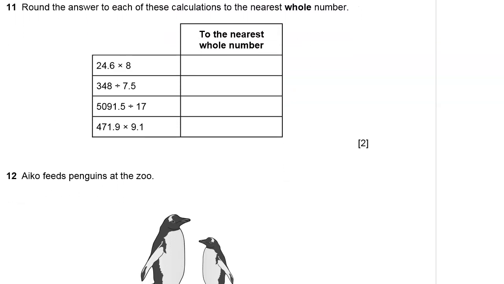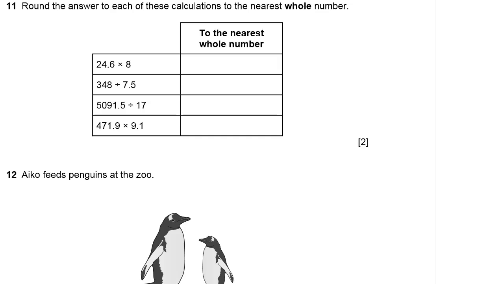Question number 11. Round the answer to each of these calculations to the nearest whole number. 24.6 times 8.